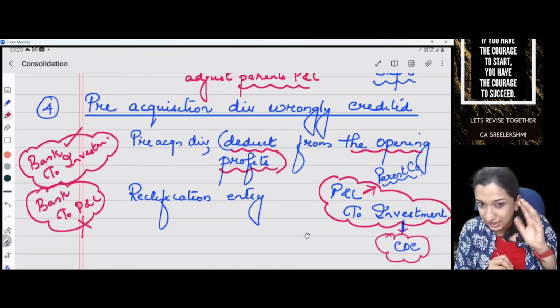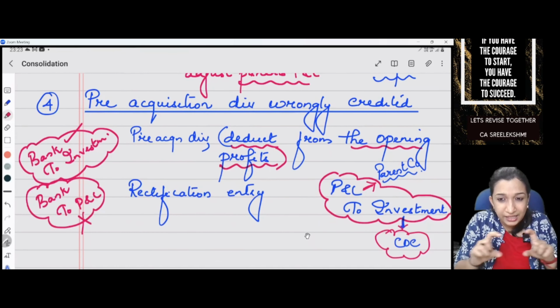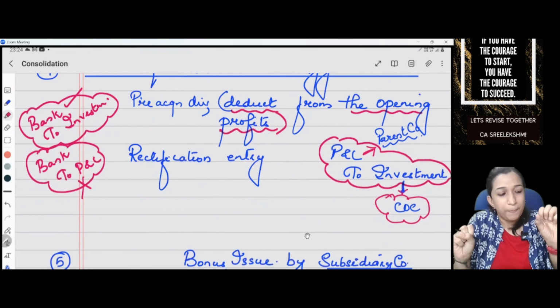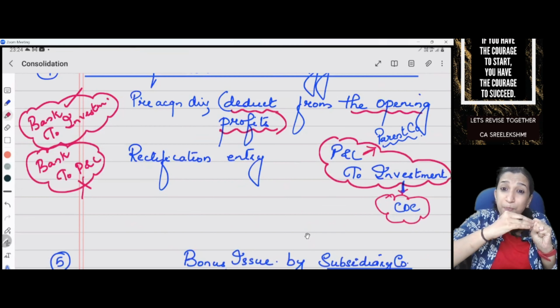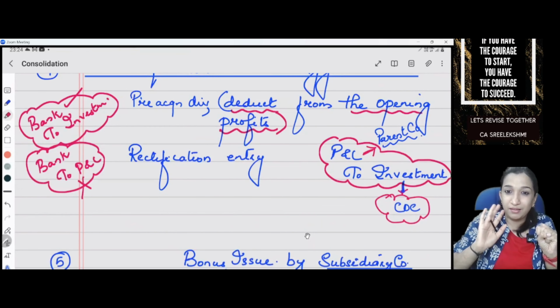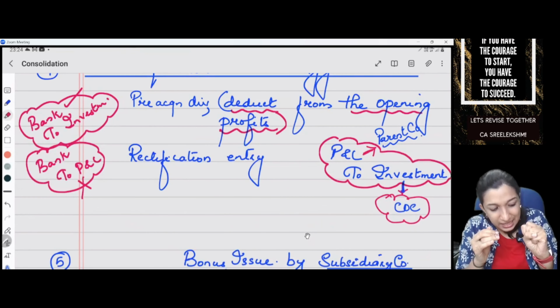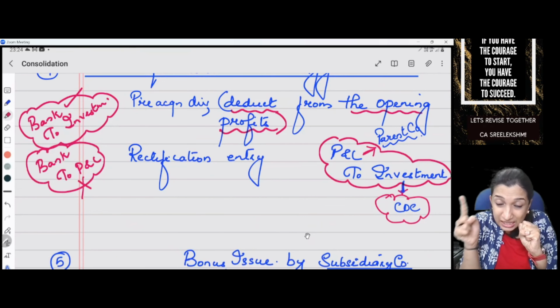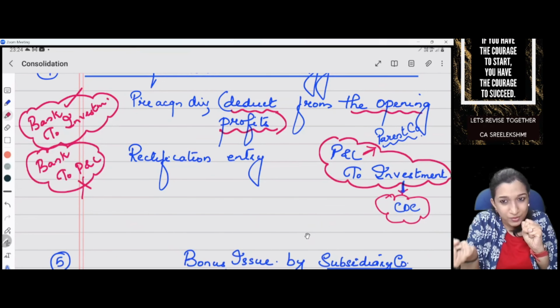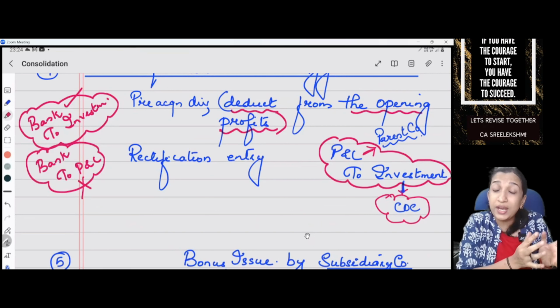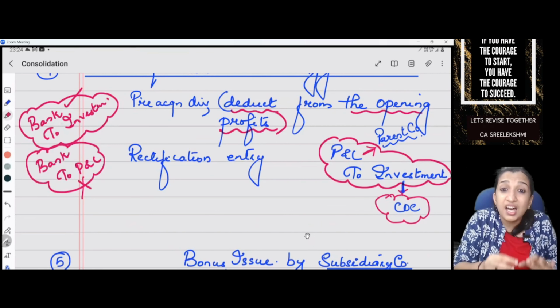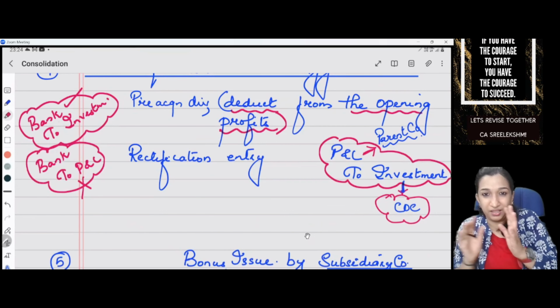From that you need to deduct, when you do the identification of pre and post acquisition profits, because from the pre-acquisition profits you have already paid the dividend. So deduct from the pre-acquisition profits of the subsidiary. The subsidiary's pre-acquisition profits should be reduced. The holding company passed the wrong entry, so do the rectification.